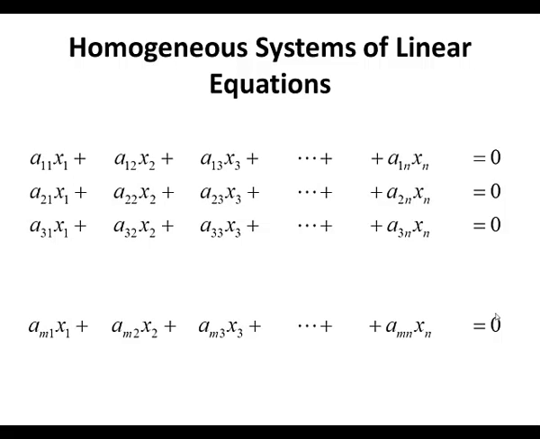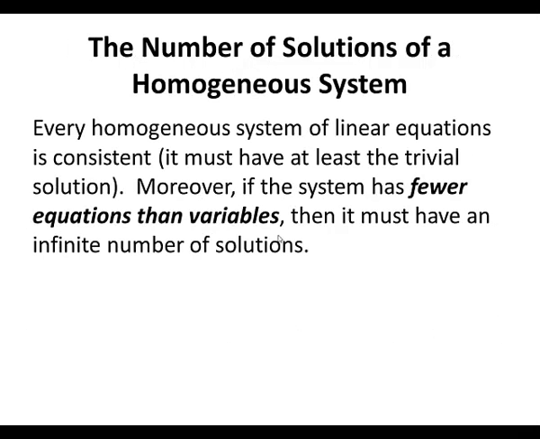There is something peculiar about this system. You can see that it is always going to be consistent. It would have at least the trivial solution. If x1 equals 0, x2 equals 0, x3 equals 0, xn equals 0, then the entire system will be satisfied. So every homogeneous system is consistent with at least the trivial solution. But we are obviously more interested in non-trivial solutions.